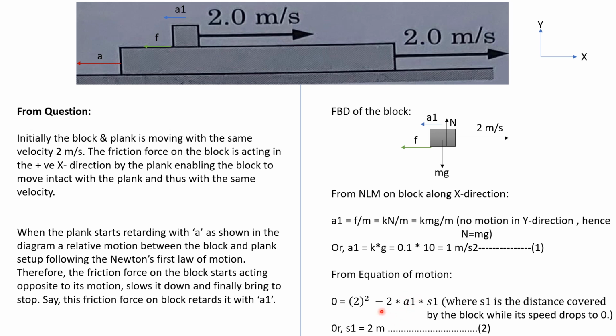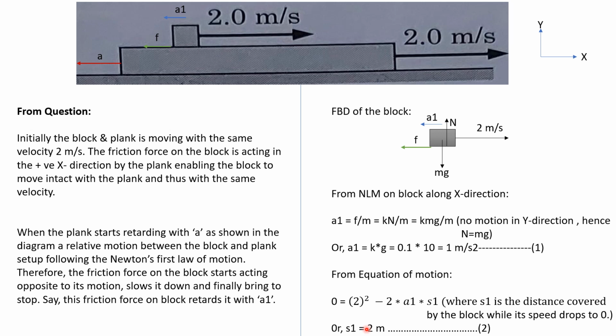A1 is the retardation, so that is why the negative sign has come here. We have assumed that it has moved an S1 distance in the forward direction from the moment when the plank starts slowing down, and finally its speed dropped to 0, so that is why we have taken it as 0.